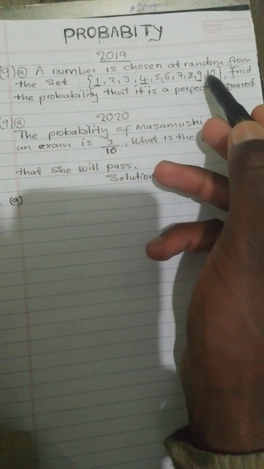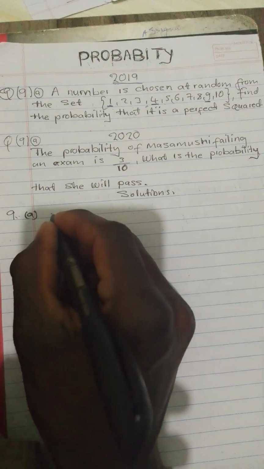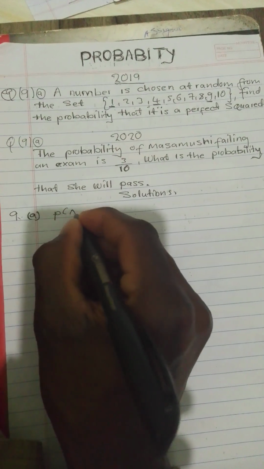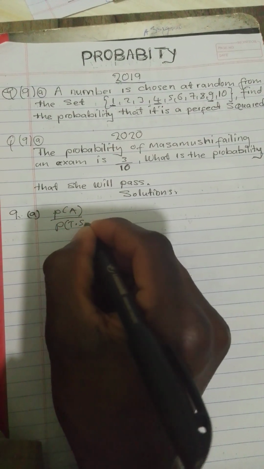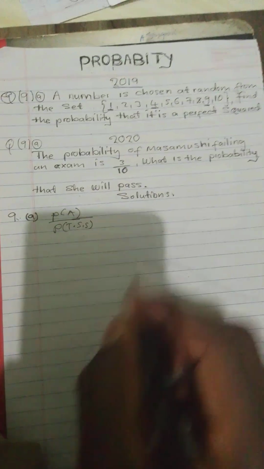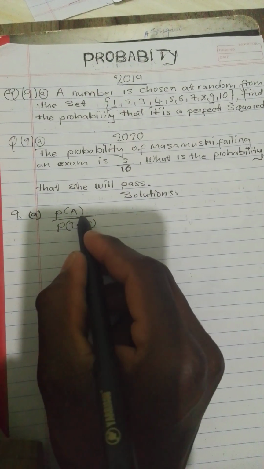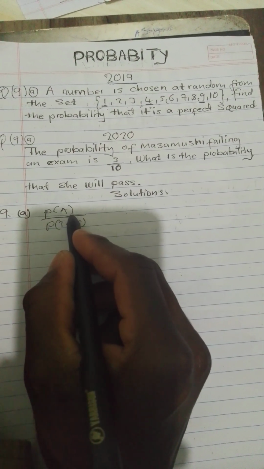These are perfect squares. So here we have the total sample space, the total number of these elements. Since we have the total sample space, we are going to use this formula: probability of A divided by probability of total sample space. So probability of A is what we have been asked to calculate.